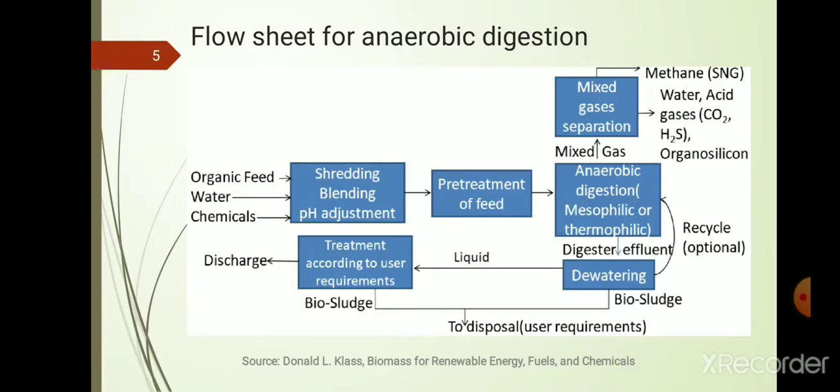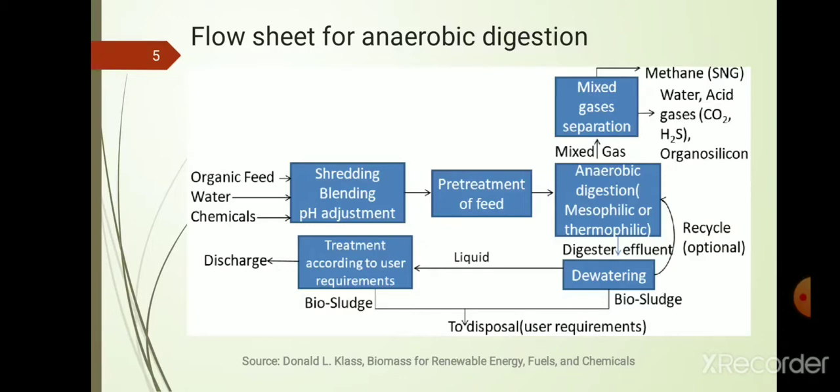And blending, we have to blend the food waste or any other waste so that a more or less uniform composition is obtained everywhere. Then pH adjustment, if the pH is not in that optimum range, we have to adjust the pH by adding some acids or other solutions.